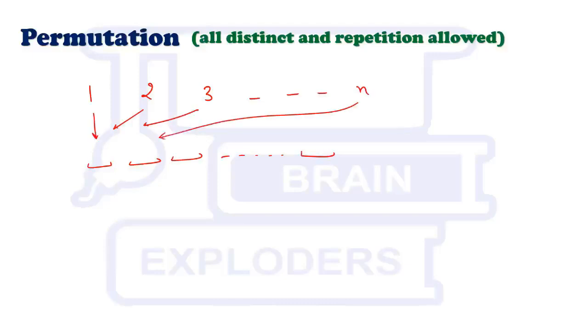We can fill the first place with 1 or 2 or 3 or so on up to n. For the second place also we have n choices. Why? Because this time repetition is allowed. For the third place also we have n choices, and in this way for all the places we have n choices. So in total there are n raised to the power r ways to do this procedure.